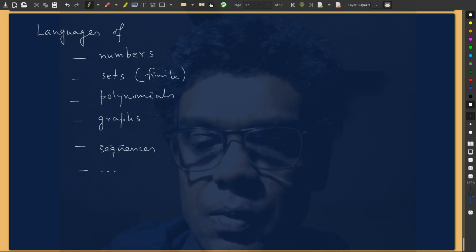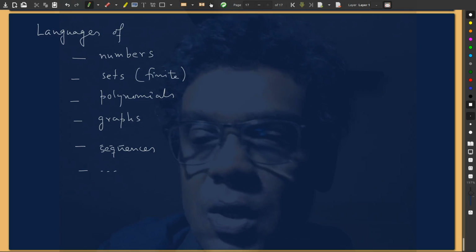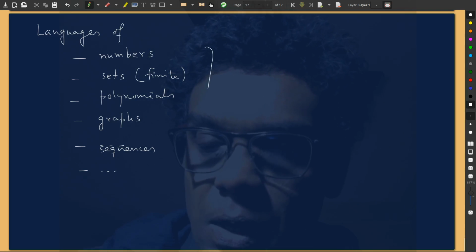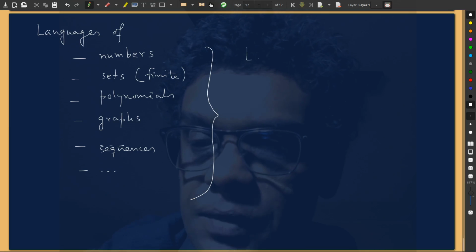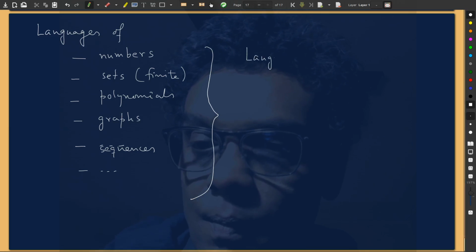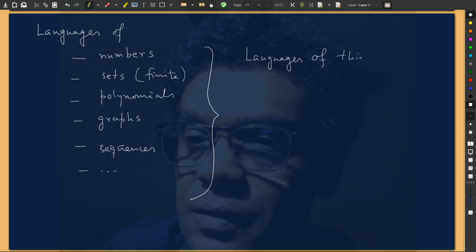Graphs, for example, are an important tool in computer science. So we will encompass all these things into something called languages of things.